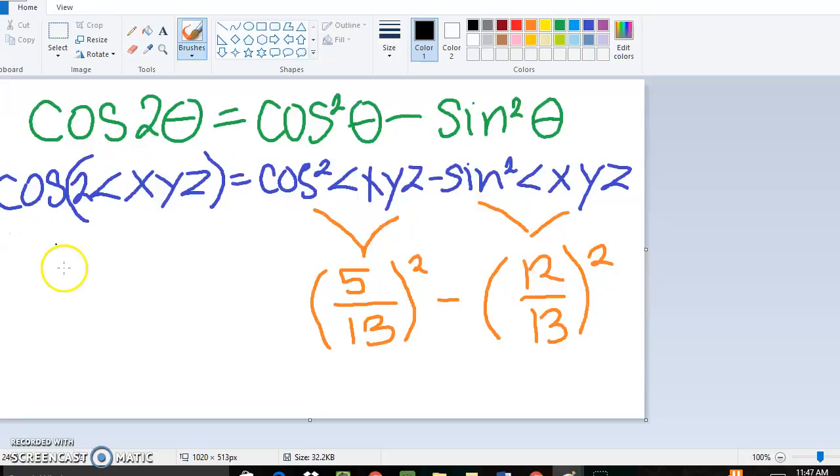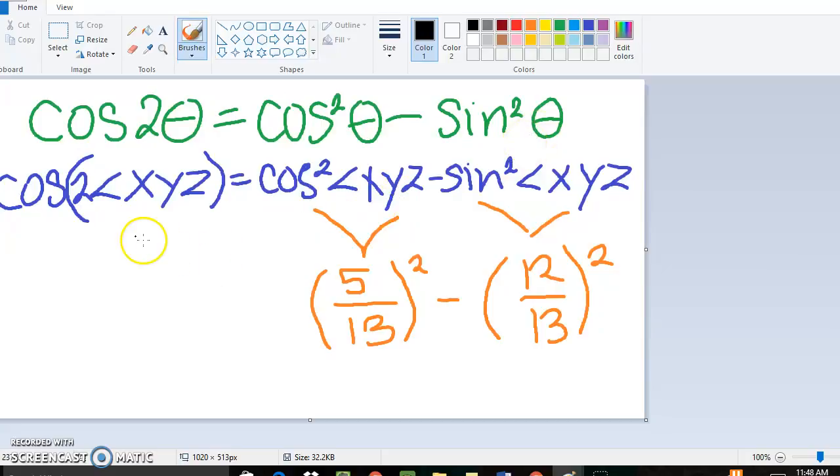The cosine double angle identity is cosine of 2 times an angle equals cosine of that angle squared minus sine of that angle squared.